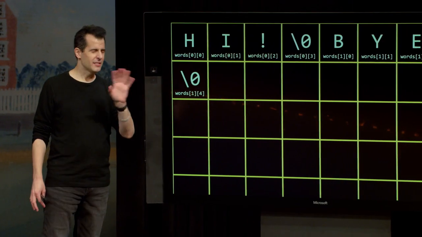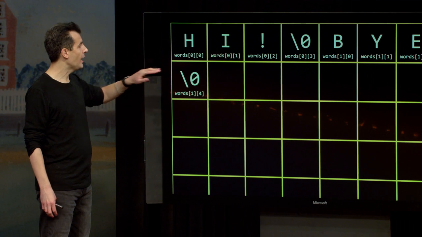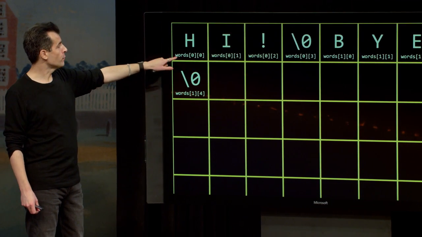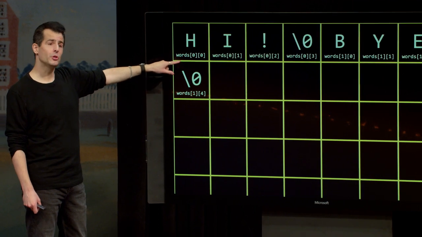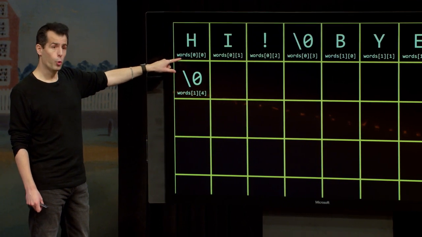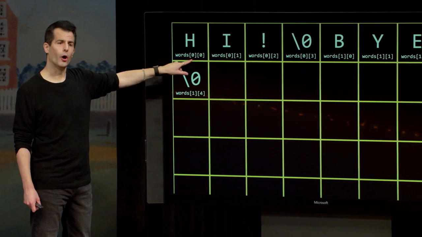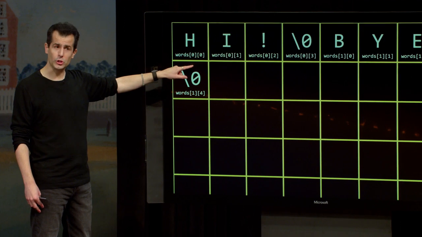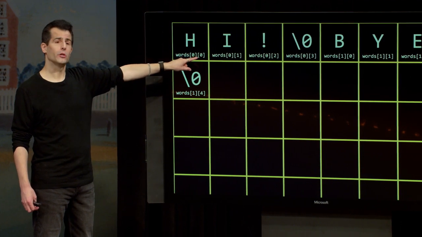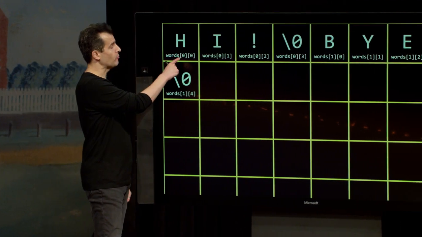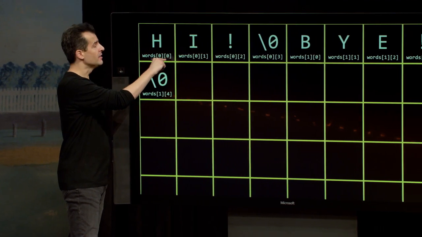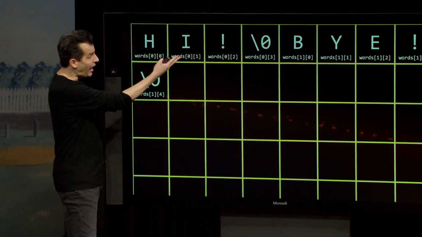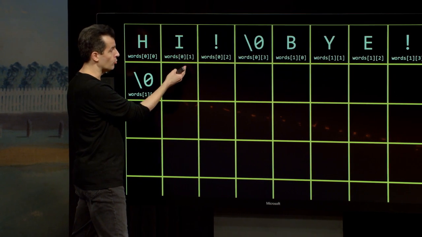And so here, and this will be the last weird syntax for today, you can actually have multiple square brackets back to back. So if your variable is called words, and that variable is an array, if you want to get the first word in the array, you do words bracket 0. Once you're at that word, hi, and you want to get the first character in that word, you can similarly do bracket 0. So the first bracket refers to what word you want in the array. The second bracket refers to what character you want in that word. So now the I is at words bracket 0 bracket 1.